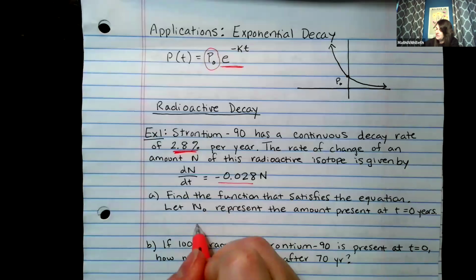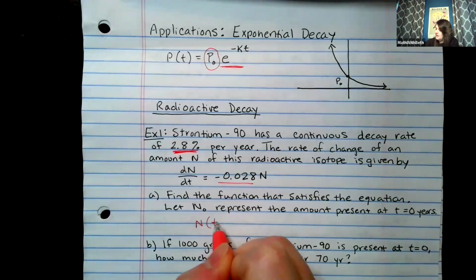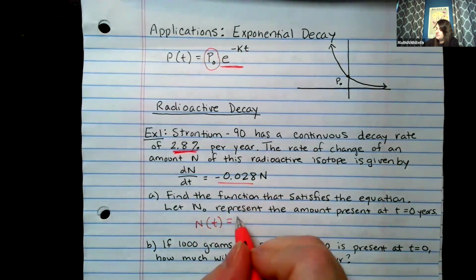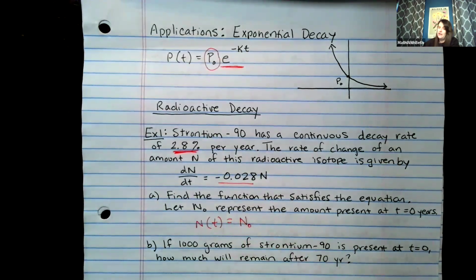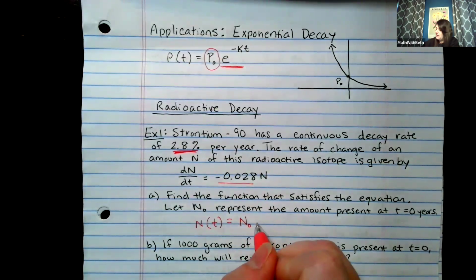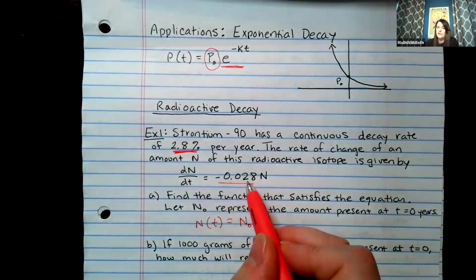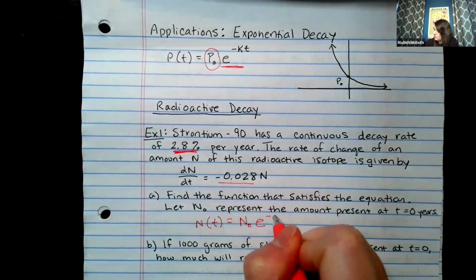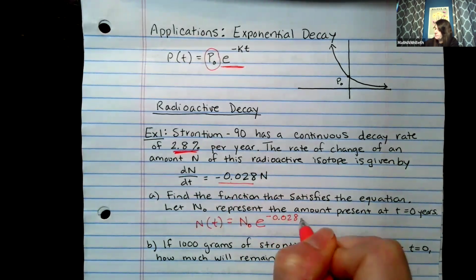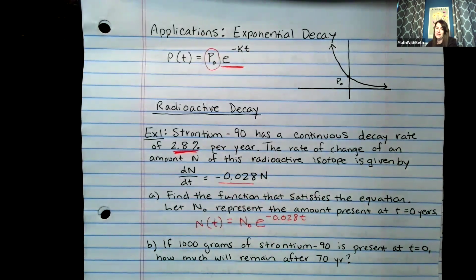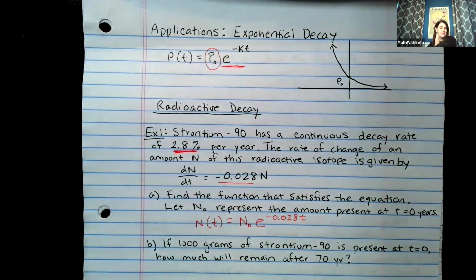So in this case, all you'd have to do is say the equation must have been N sub 0, our starting amount, times e to the k t, where k must have been this, because that's why the derivative had that out front, because of the chain rule. That must be the equation.